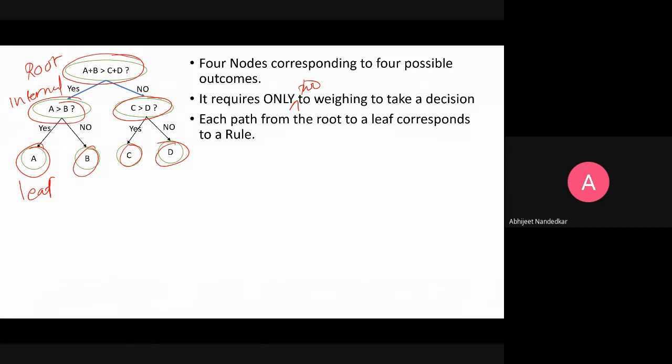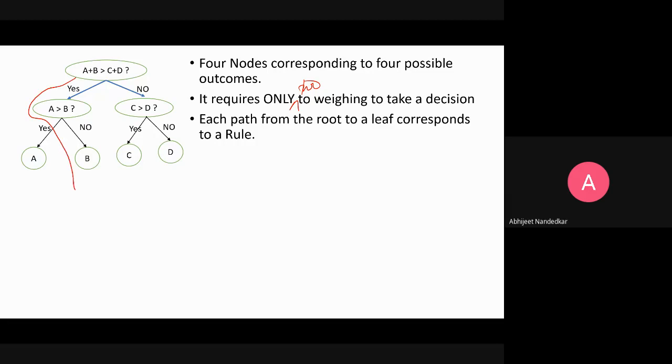And you can see each path again is corresponding to one rule. So suppose I take any path, suppose I choose say this path, then what is rule implemented here?